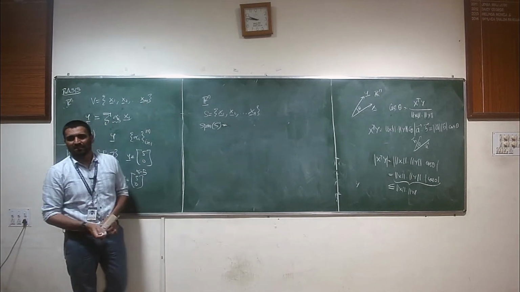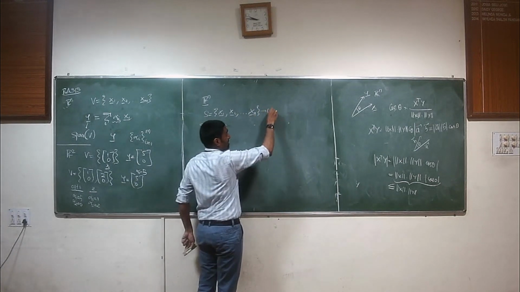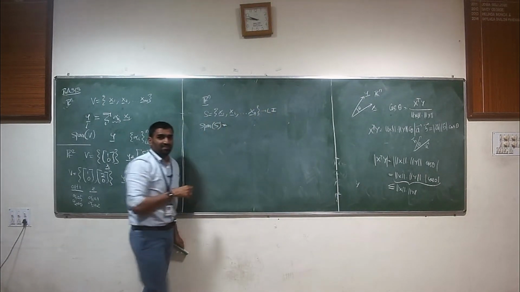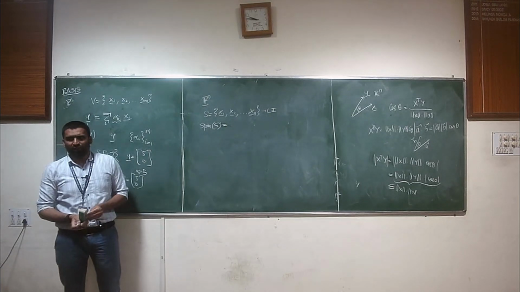What do you think? And let's assume this set is linearly independent. Full of Rn. Why?